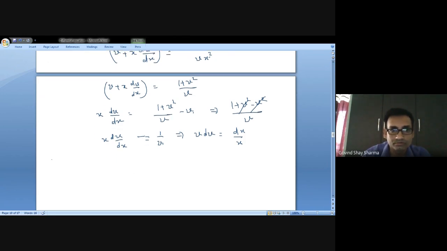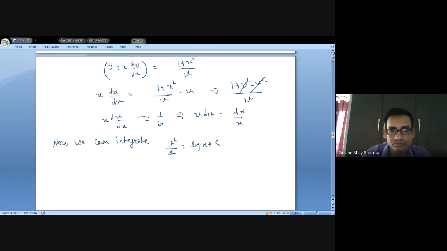Now we can integrate, it becomes v square by 2 is equal to log x plus a constant. And we know y is equal to vx, so v is equal to y upon x.